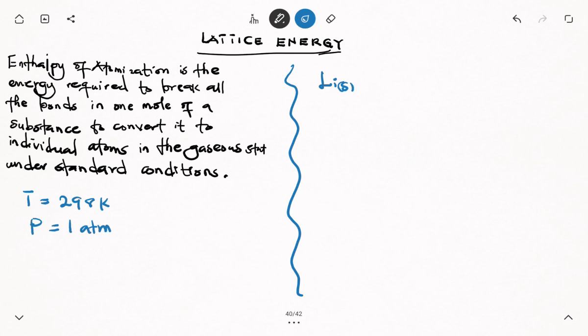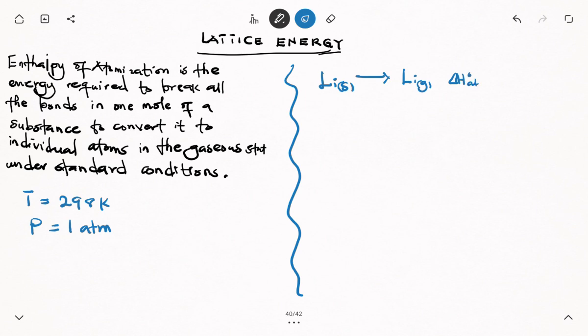Now, this is also sometimes referred to as enthalpy of dissociation. So we need to convert solid lithium to gaseous lithium, and if we do that, the enthalpy there would be the enthalpy of atomization, okay?